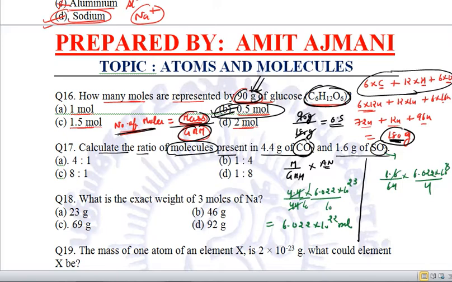Now when we calculate in case of sulfur dioxide, this is in 1 mole, so we'll calculate in 1/4 mole, which is simply 6.022 into 10 to the power 23 multiplied by 0.025, or 1 by 4, which comes out to be 1.5 something into 10 to the power 22.